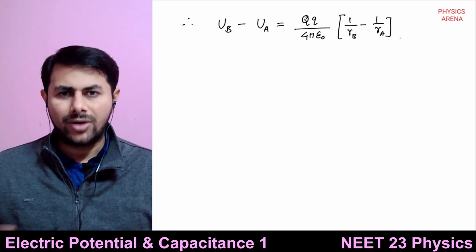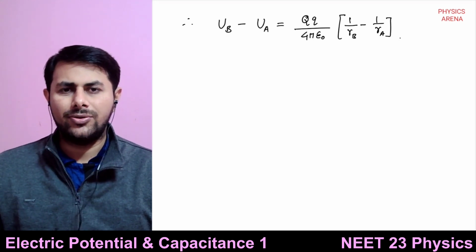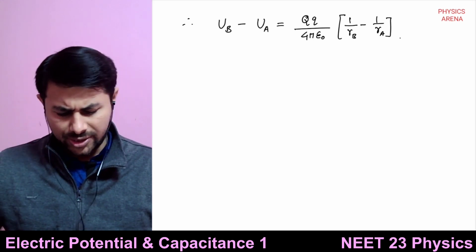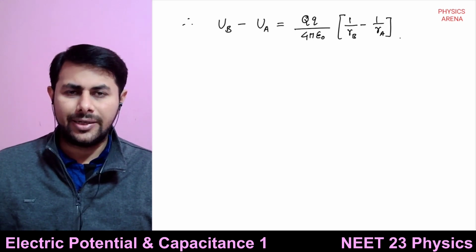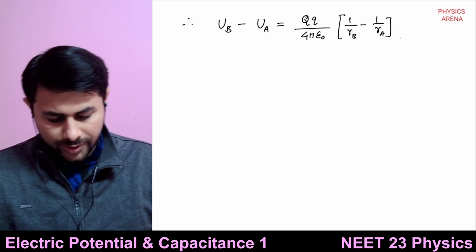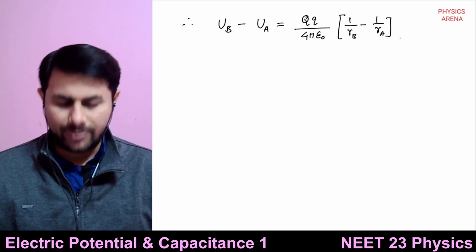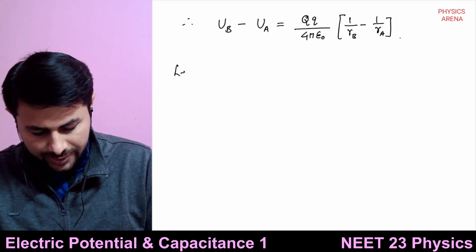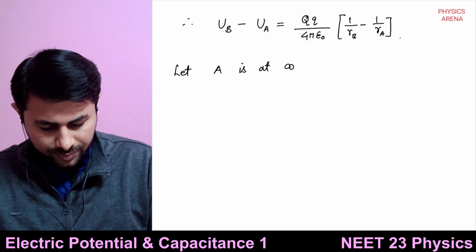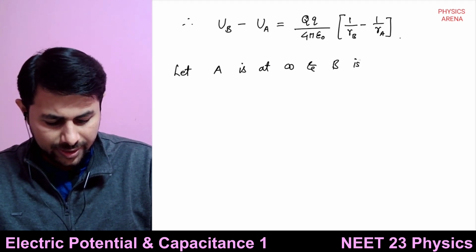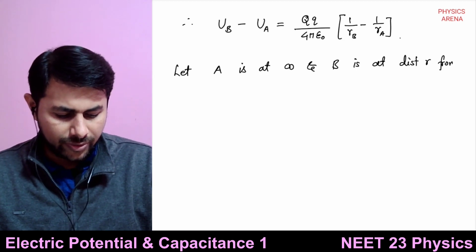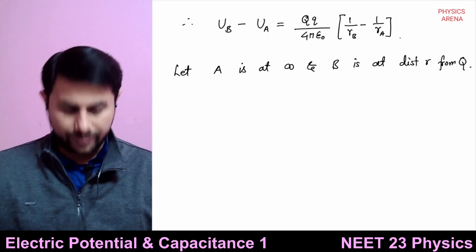So for that, what we are going to do is use a convention, similar to what we did in the case of gravitational potential. So suppose that our initial point is infinity. Let A be at infinity and B at distance r from charge capital Q.